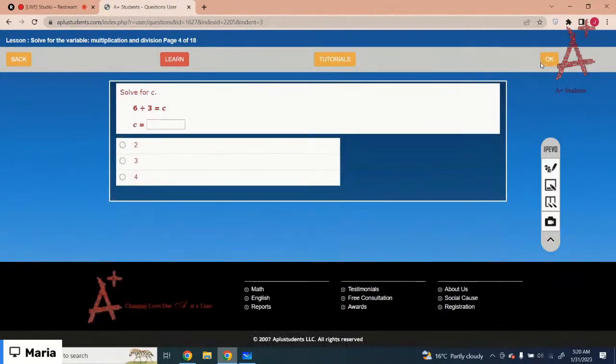Okay, the next one is C equals 6 divided by 3. The variable is already isolated, so you have nothing to do with the other side. Simply divide them. 3 times what number is 6? 3 times 2 is 6.